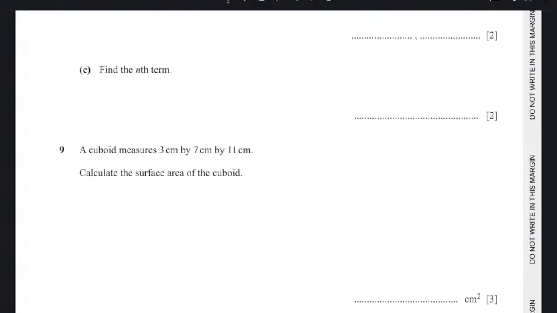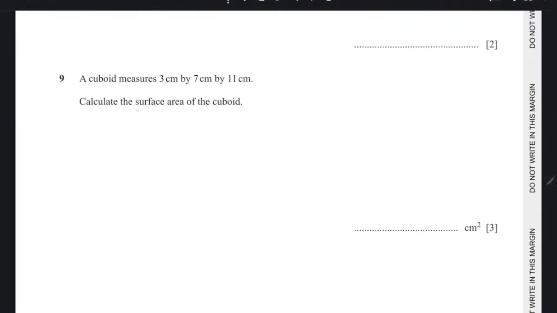Okay. Cuboid. So anyway, let's talk about it. Surface area is just about adding areas. Remember, we have what we call 2D shapes.